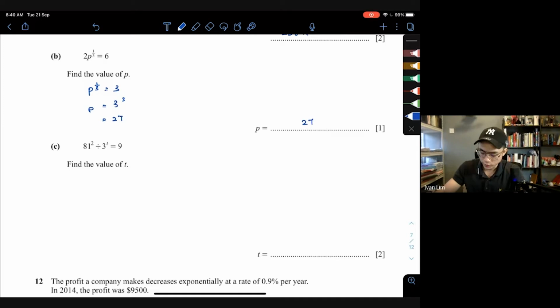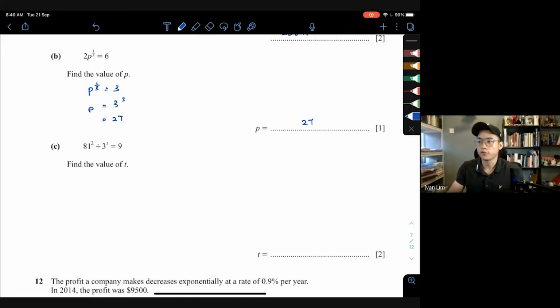Question C, 81 squared divided by 3 to the power of t equals 9. So this one you've got to show your working. What's common between all three numbers is they can have a base 3. So 81 squared can be written as what? 81 is 3 to the power of 4.